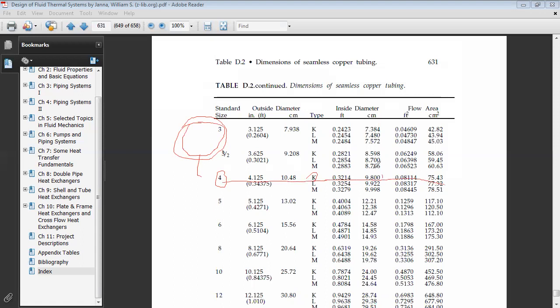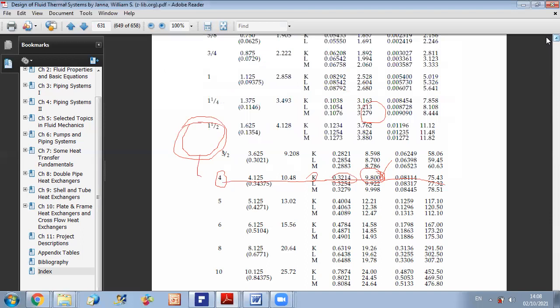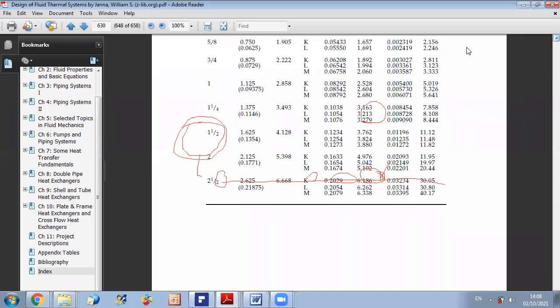So this is the corresponding value. It's 9.8 centimeters if you are working in SI units, or if we have English units, we can work in feet. So this is the information needed for the outside tube. We need only the inside diameter, 9.8 centimeters. And now for the inside tube, the characteristic is standard 2 type K. So now if we go to standard 2, we go back in the table.